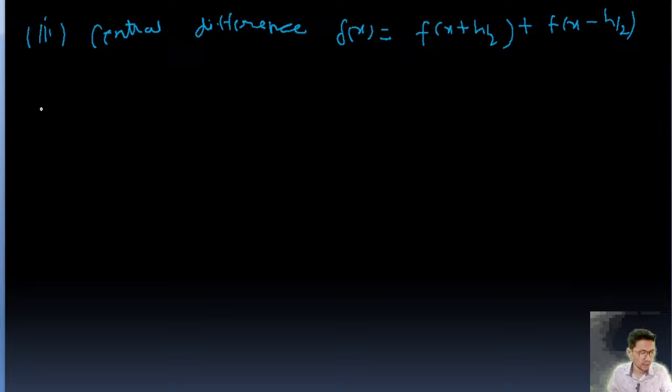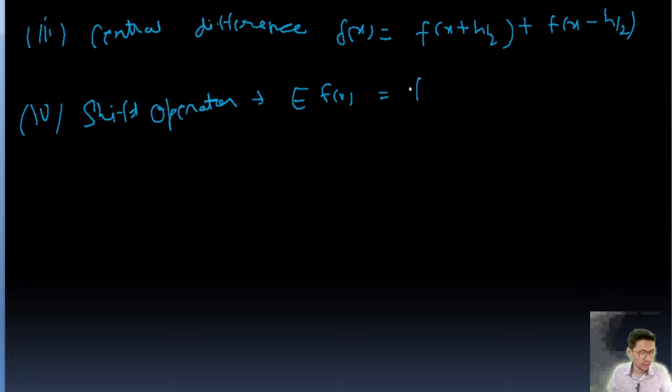The fourth is the shift operator. Shift operator is denoted by E. If you operate f(x) with the shift operator E, it is going to be f(x plus h).